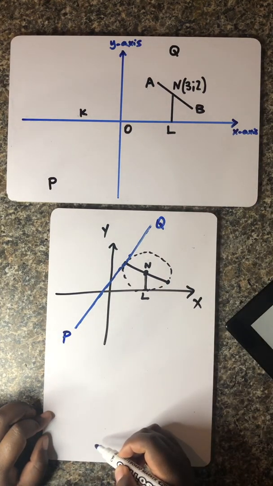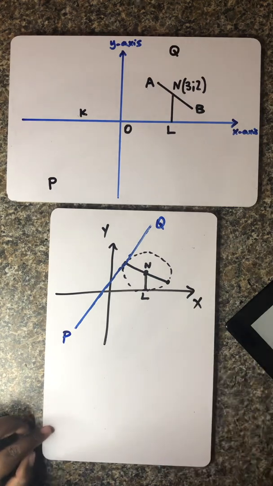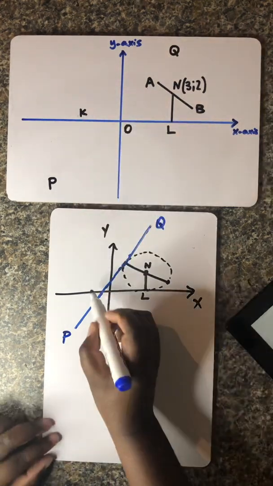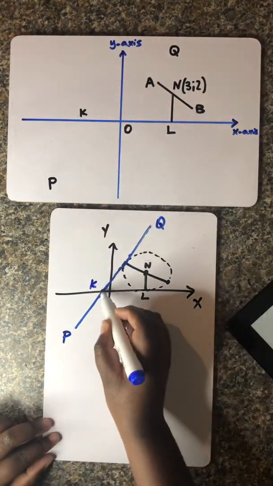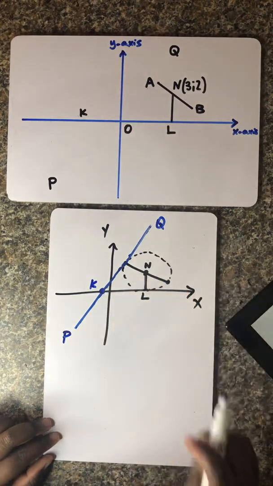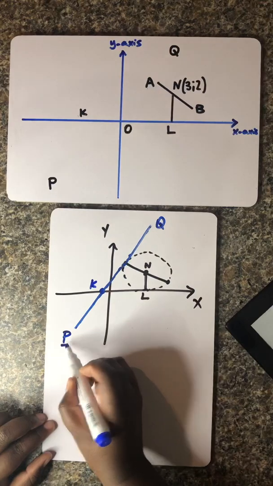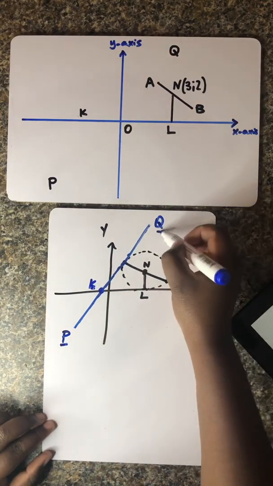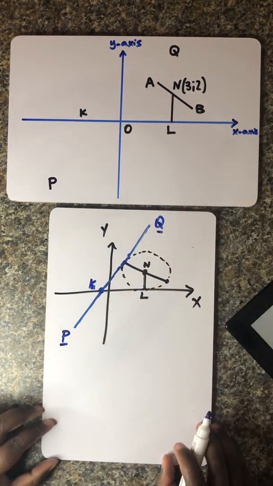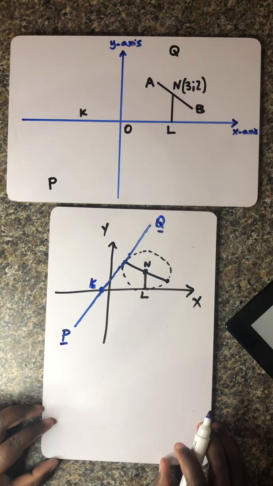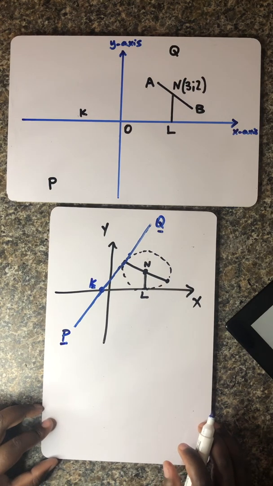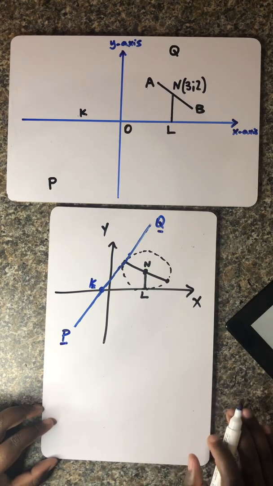Okay, so obviously, ladies and gentlemen, as you can see over there, we've got K, which is that point over there. So that means P, K, and Q are collinear. I'm pretty much sure that I've done a lesson where I explain in detail what is meant by collinear lines.